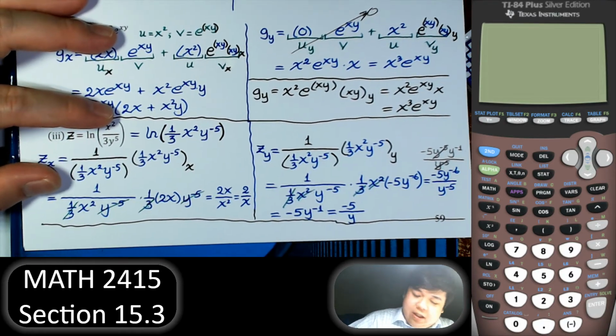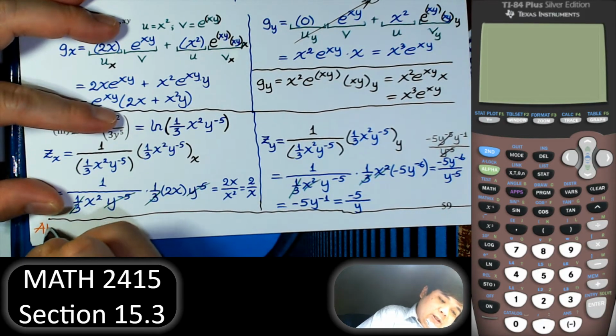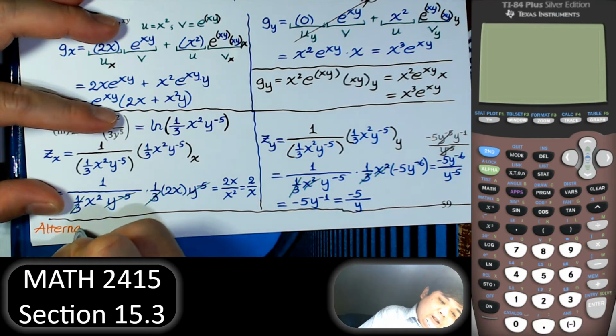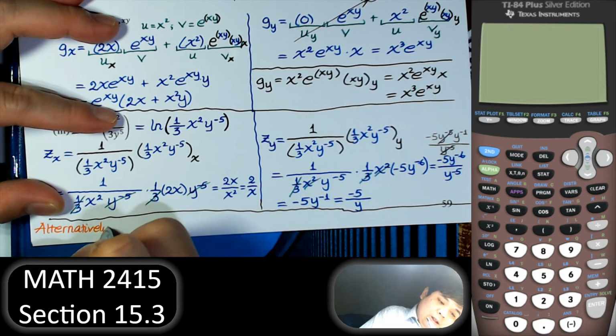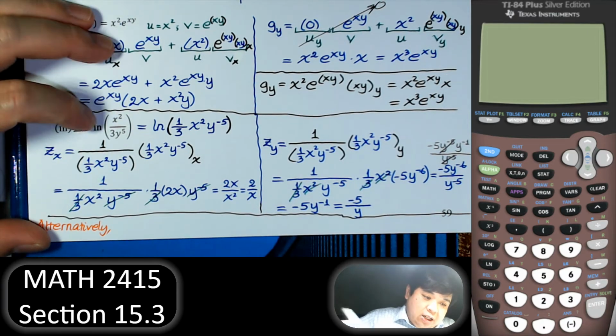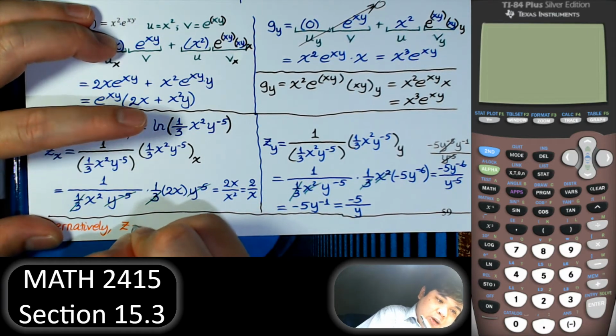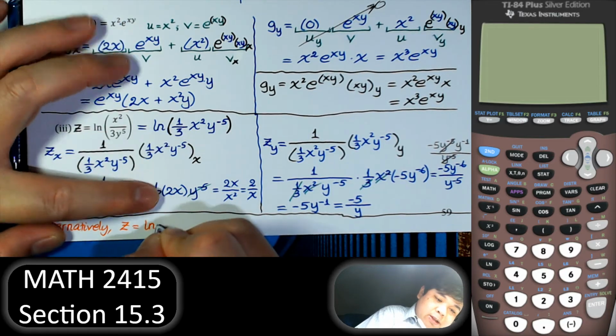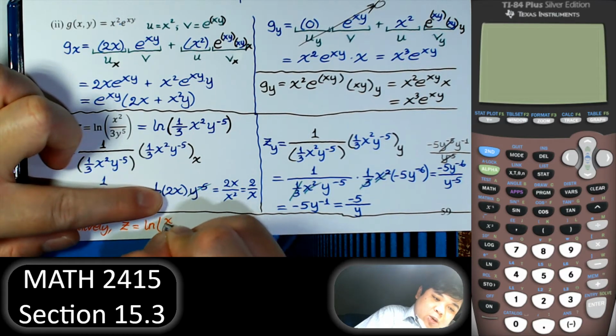So let's say an alternative we can do differently. We start from the beginning, z equal to ln of x squared over 3y to the 5th.